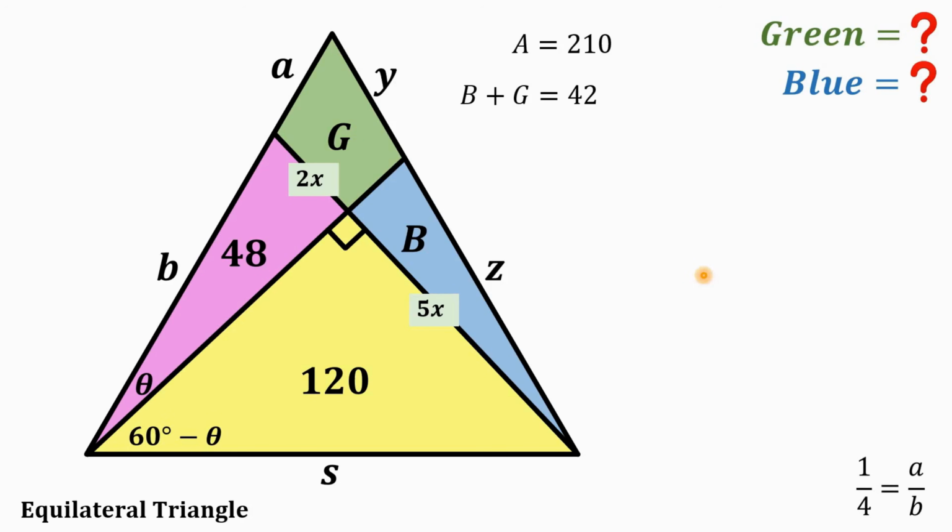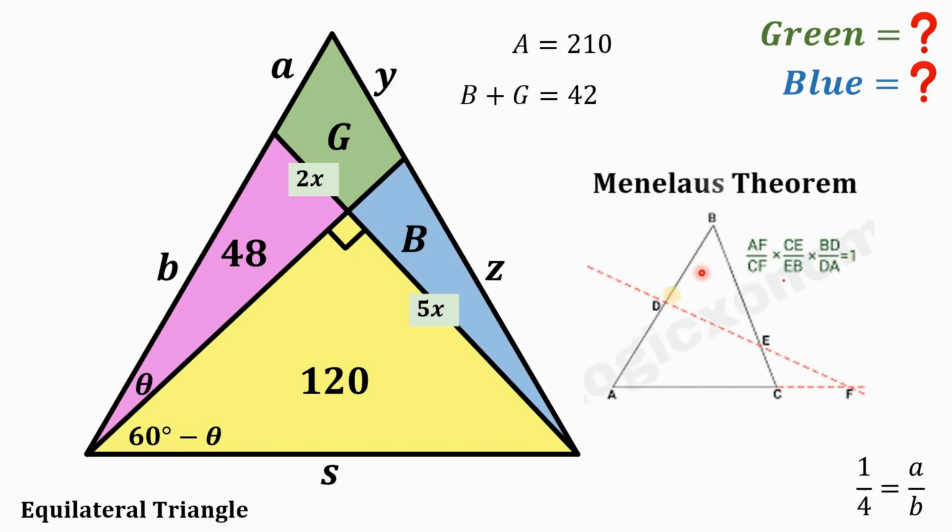Now, in this case, we will use one theorem, and this is Menelaus's theorem. So, in this figure, we can say that AF over CF times CE over EB times BD over DA equals 1.